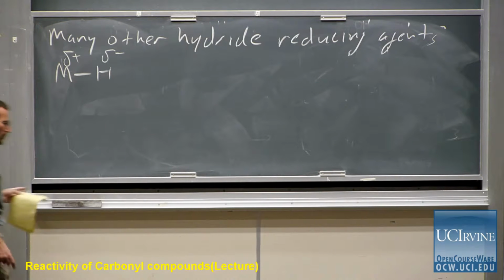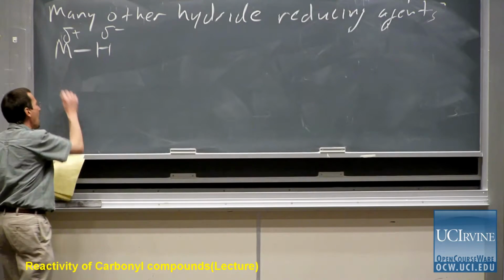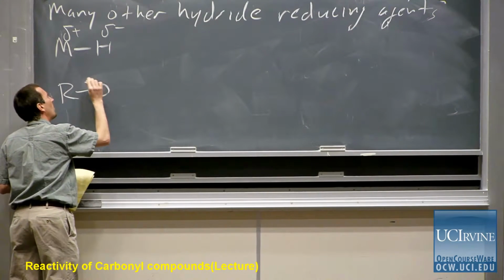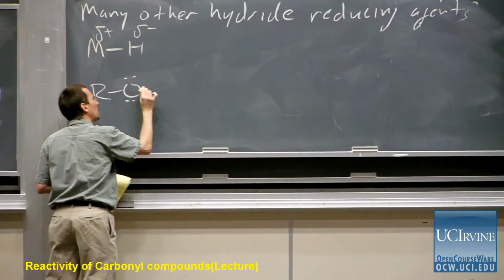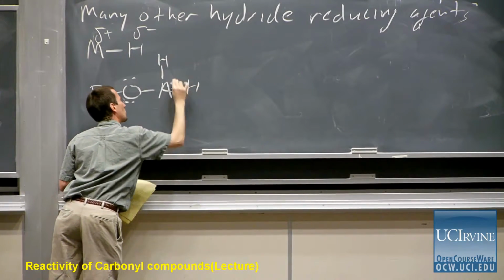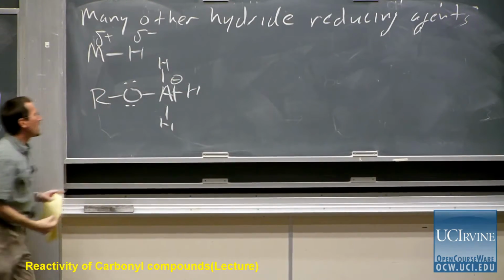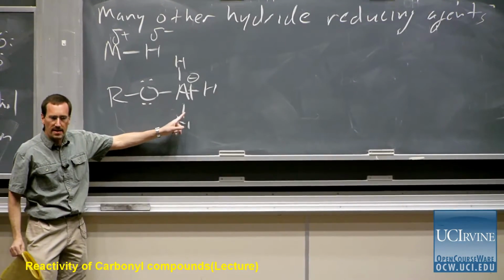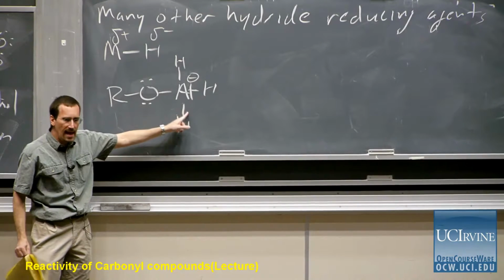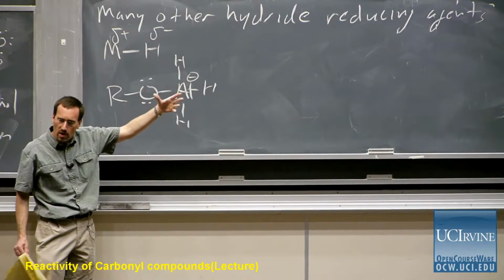So the general principle, as I said, with lithium aluminum hydride: technically, after that first mole of hydride is transferred, the AlH3 reacts with the alkoxide, and now this intermediate can transfer hydride anion again to another carbonyl group.